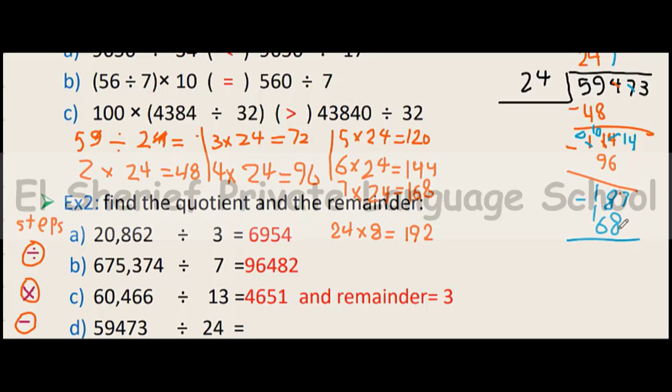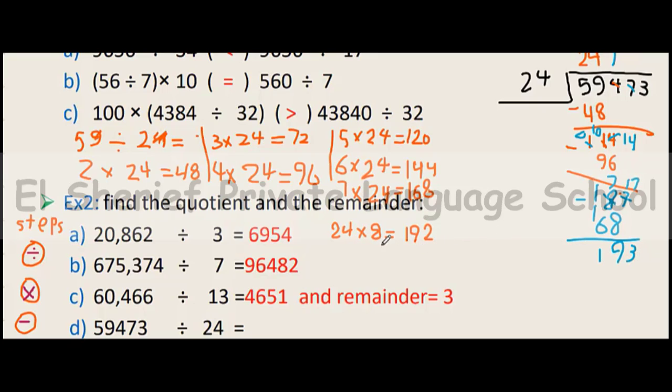7 minus 8 can't be, so take from 8, and 8 becomes 7, and 7 becomes 17. 17 minus 8 equal 9. 7 minus 6 equal 1, and 1 minus 1 equals 0, so down 3. What is the number nearest to 193?